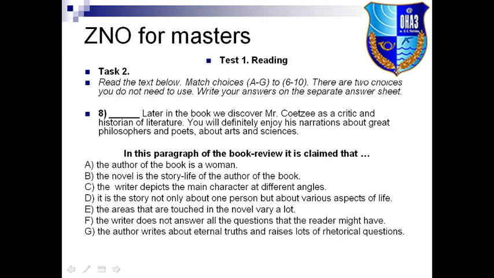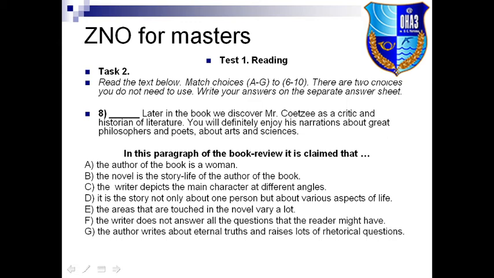Okay, but it is too early to give up. Let's check option F. The writer does not answer all the questions that the reader might have. Actually, nothing about reader here, nothing about us, yes? Only about author and the piece of writing. Okay, let's check G. The author writes about eternal truth and raises lots of rhetorical questions.